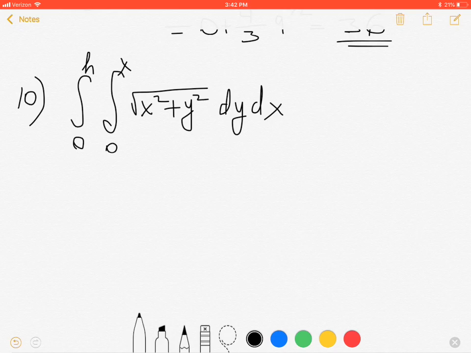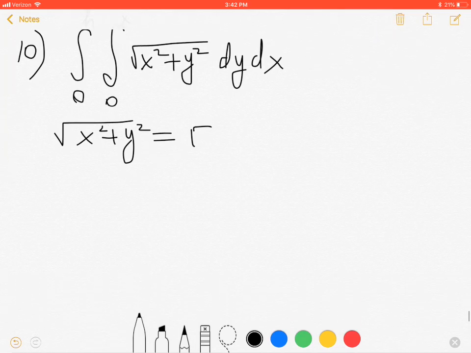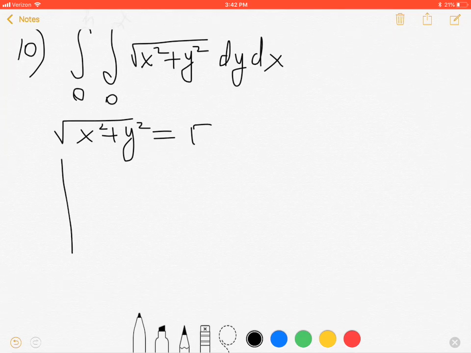If you have some circular border, you can easily use polar coordinates, or if you have such a function. Here is such a function. It is simple because, as you remember, the square root of x squared plus y squared will be exactly r.